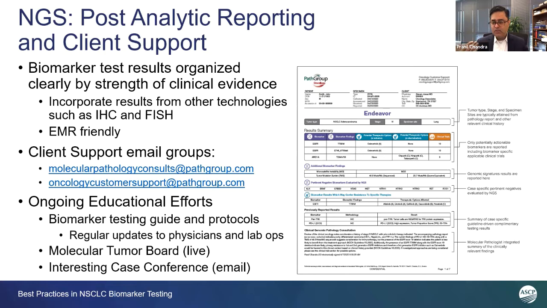So in addition to that, it's really important to support your local physicians as well as your local oncologists. And so we've actually set up email groups that are monitored 24 hours a day, 7 days a week for any questions that come back, or any questions on what do the results mean, test interpretation questions, or hey, I have a question about what test I need to utilize.